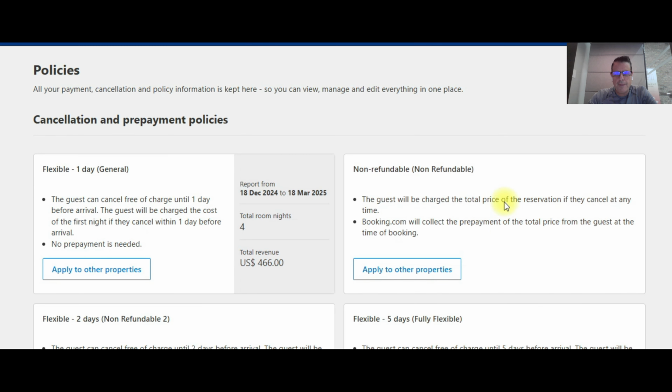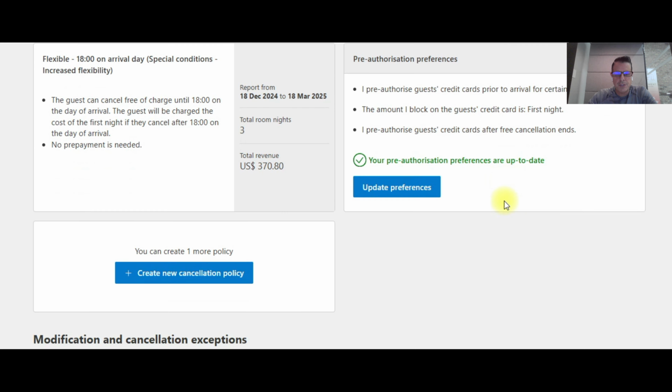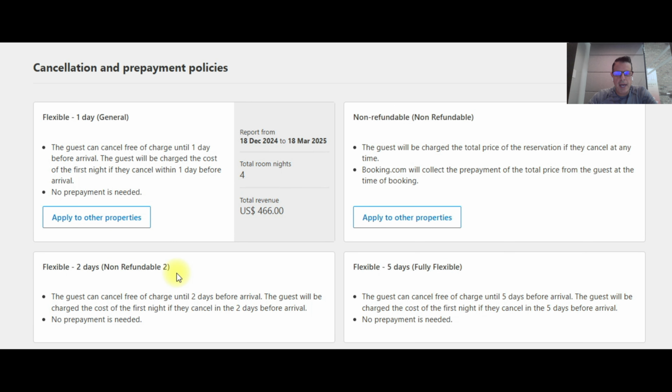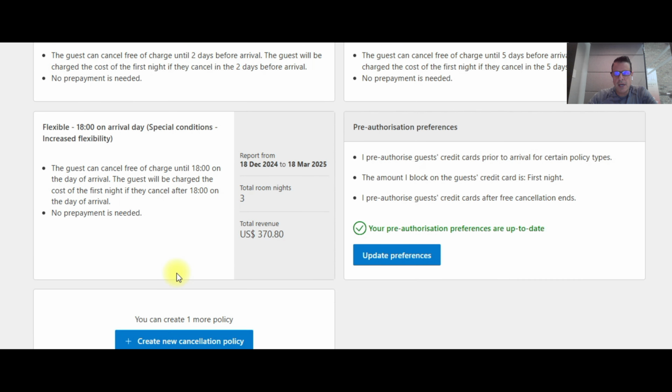It's just about halfway down the page, or at the bottom of your policies. And if you want to create a 24-hour cancellation policy, you can do that right here, if you don't already have one set up for your property, and create new cancellation. Or you can just edit one that you already have set up.